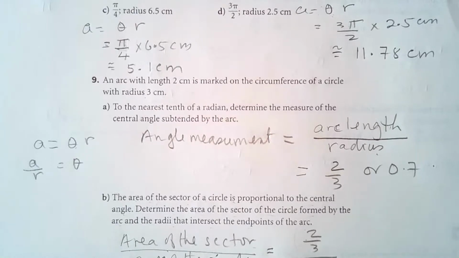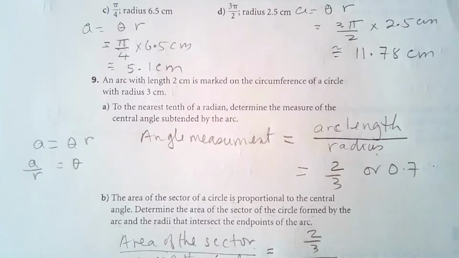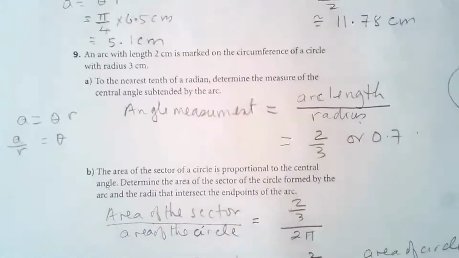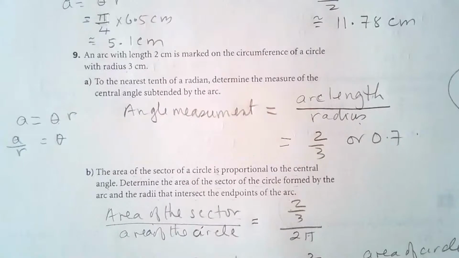Now the area of the circle is pi r squared. Now the radius is 3, right? Which worked out to be 3 centimeters. When you do all of this, it worked out to be 3 centimeters squared.